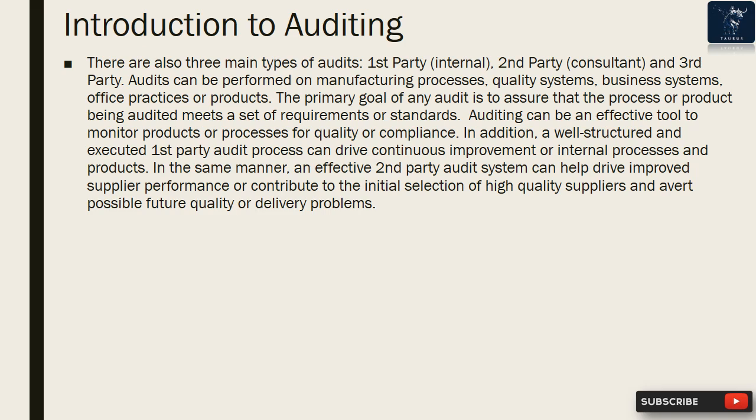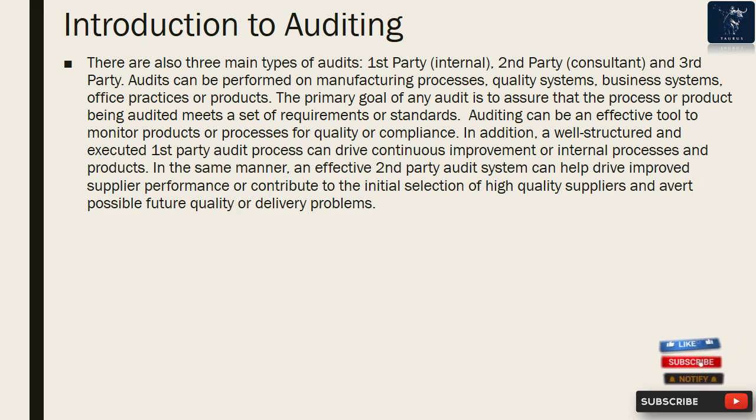Audits can be performed on manufacturing processes, quality systems, business systems, office practices, or products. The primary goal of any audit is to assure that the process or product being audited meets a set of requirements or standards. Auditing can be an effective tool to monitor products or processes for quality or compliance.